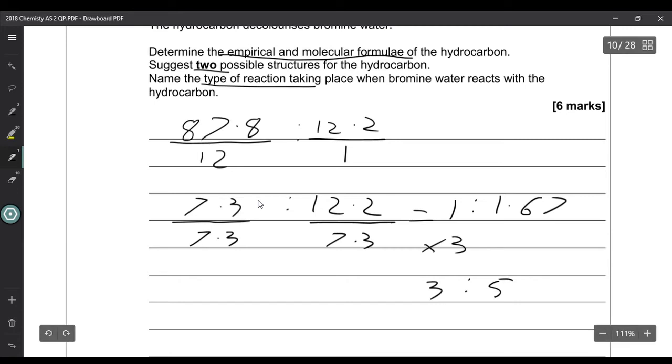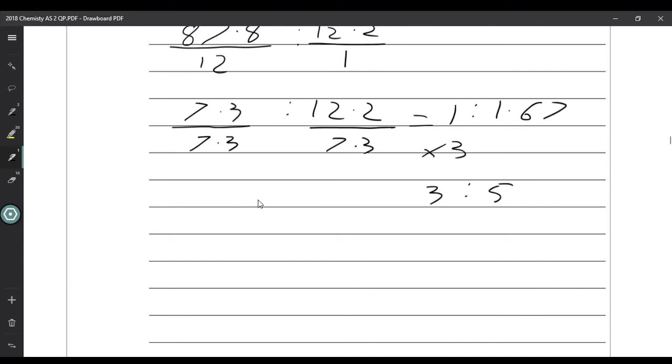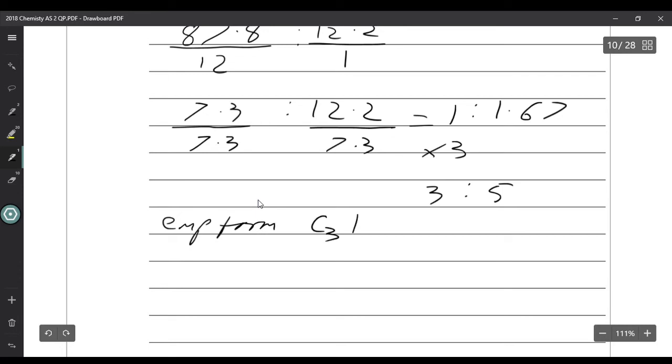So that gives us our ratio of the number of carbon atoms to the number of hydrogen. So our empirical formula will be C3H5.